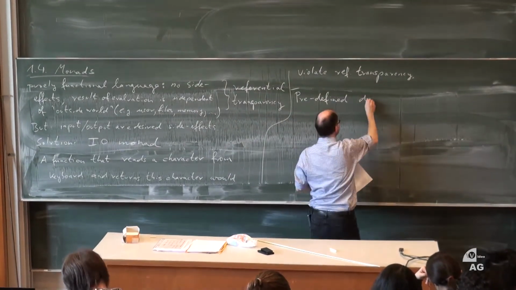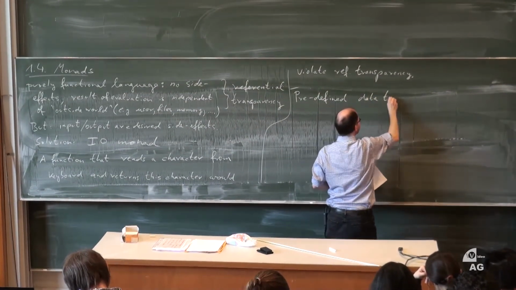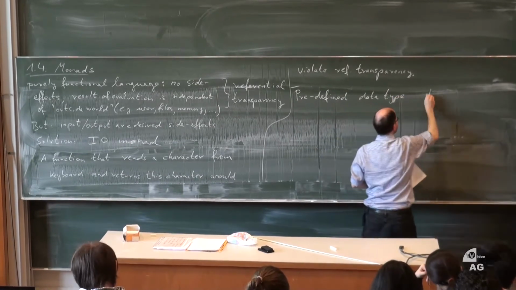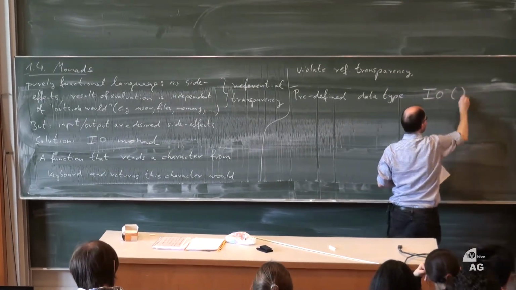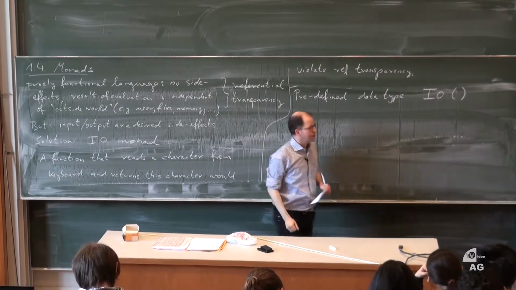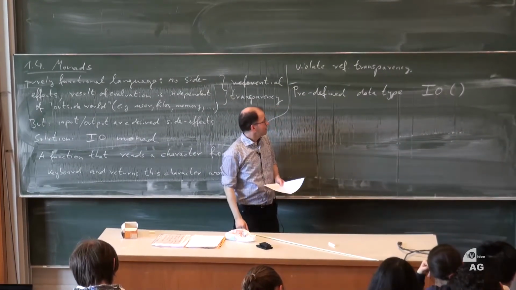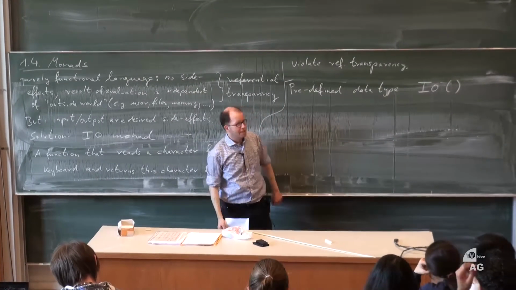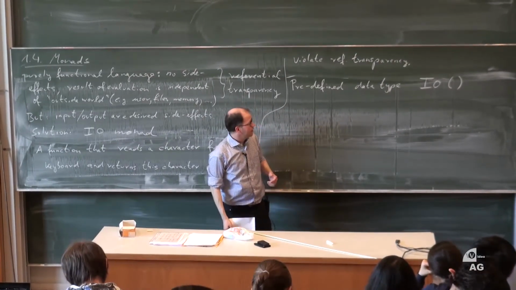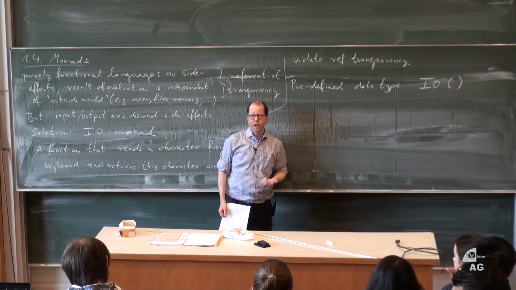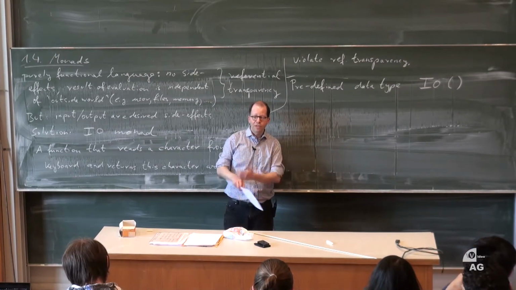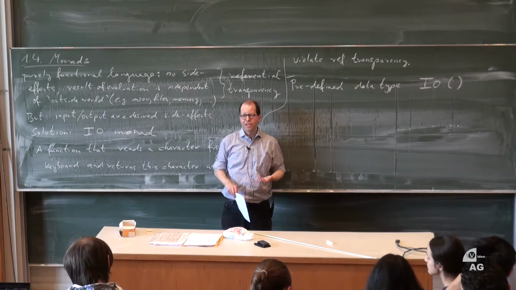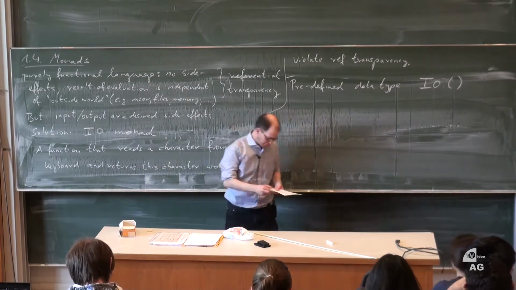So there's a predefined data type with the name I/O empty tuple, so I/O and then opening and closing round parentheses. And this is a strange looking data type, but why it is called like this we will see. And the objects of this data type are actions. So they are not numbers, they are not lists, they are not functions, they are actions, output actions.